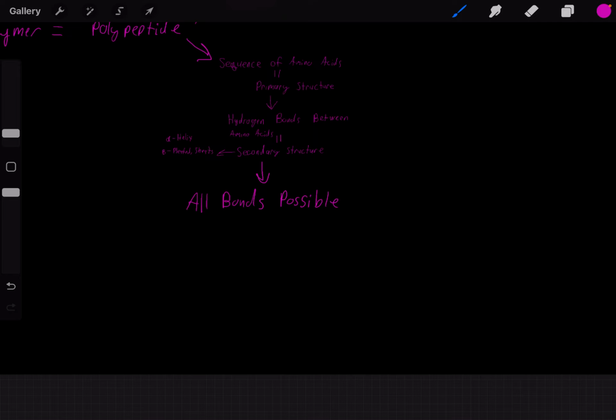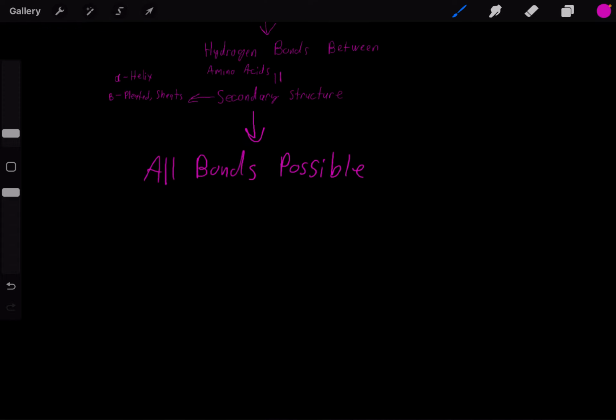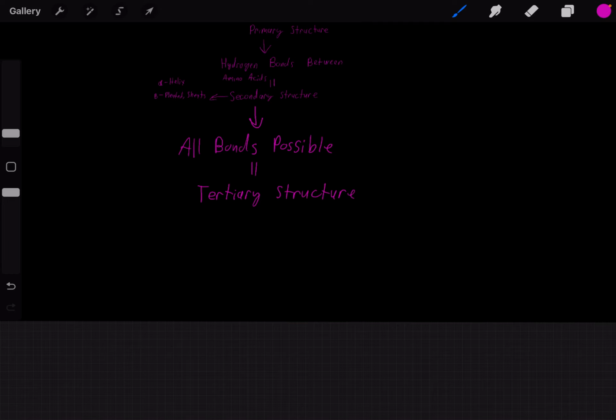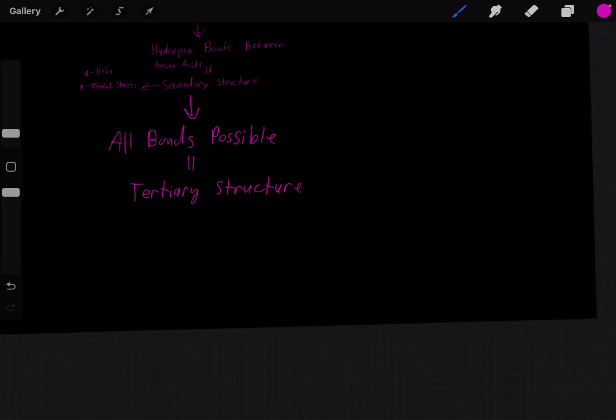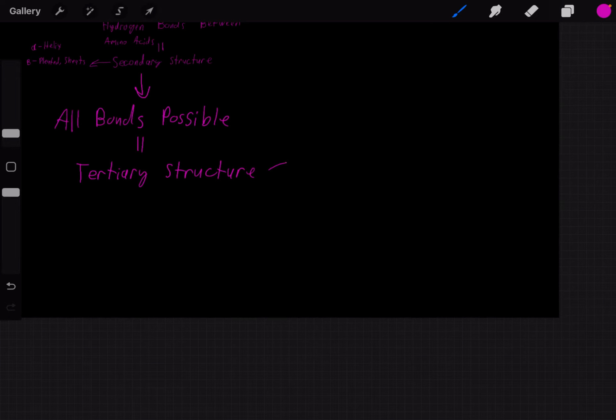Every single bond possible equals tertiary structure. So anything is possible. That's what combines it and makes it into a 3D shape. So from tertiary structure, this would be a completed protein for some proteins.